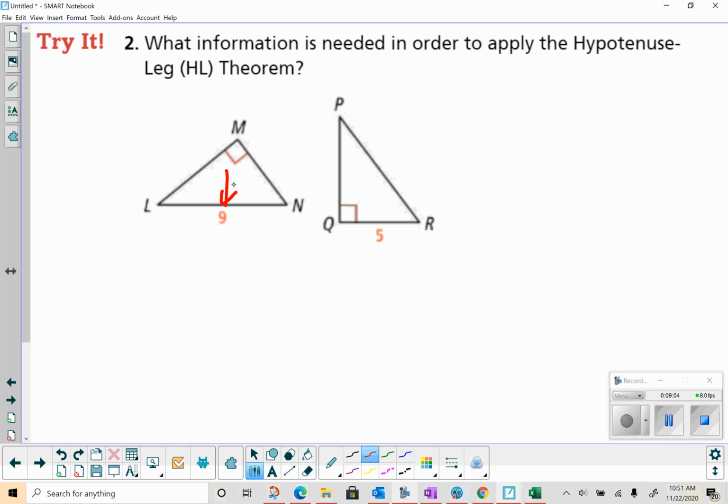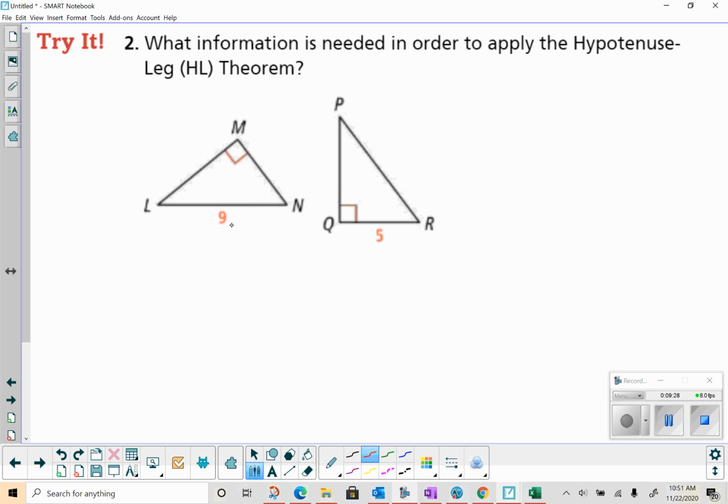For triangle PQR, they give us that length of segment QR is 5. Well, 5's not congruent to 9. What's going on there? It's okay, because segment QR is one of the sides that actually forms the right angle. This is not the hypotenuse, that's a leg. Okay?